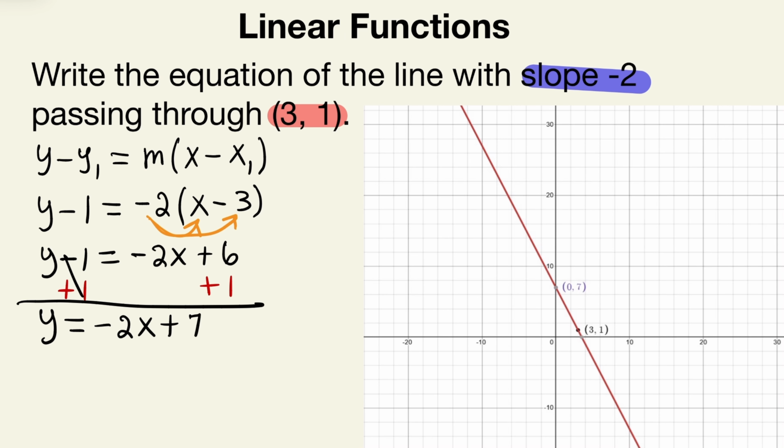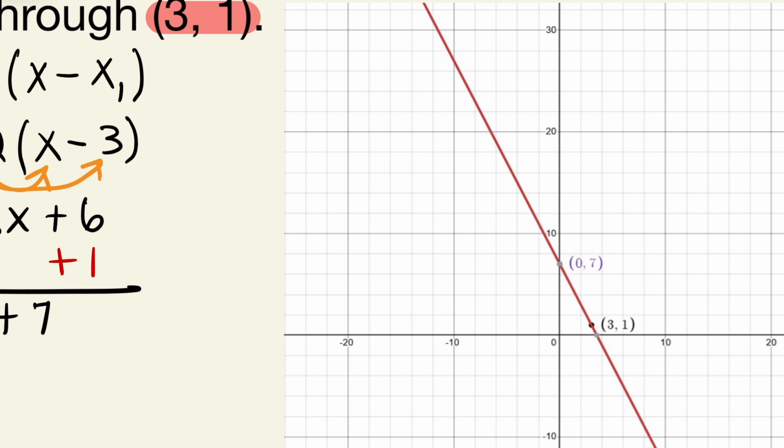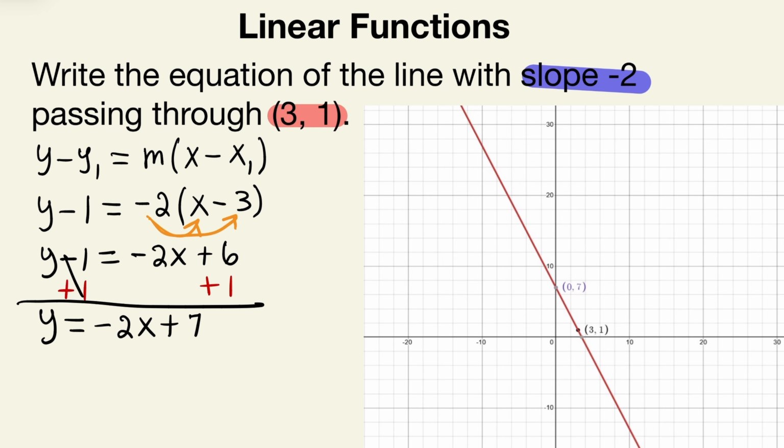I see that (3, 1) does lie on the line, as you can see here. And you also see that we have the y-intercept of 7 because x is 0 and 7 is the y-intercept. So that means that this equation, y equals -2x plus 7, is the final answer.